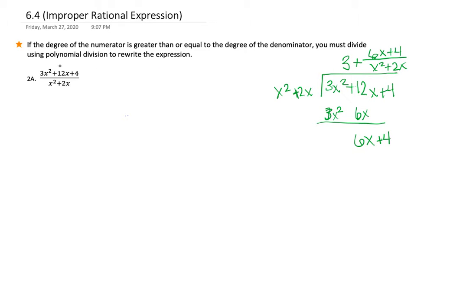This 3 is actually going to be part of your answer. And you will come up with this decomposed. So I will rewrite that 6x plus 4 over x squared plus 2x.